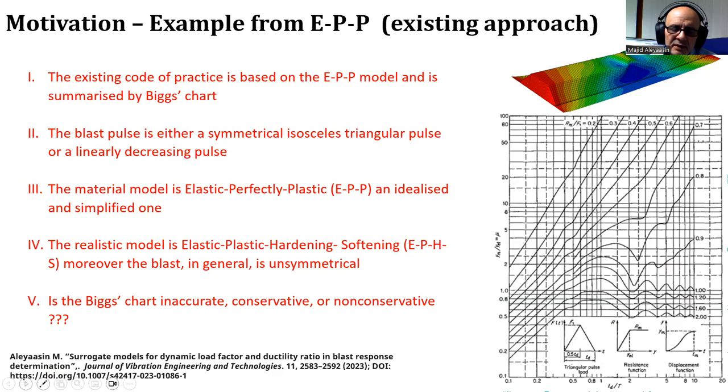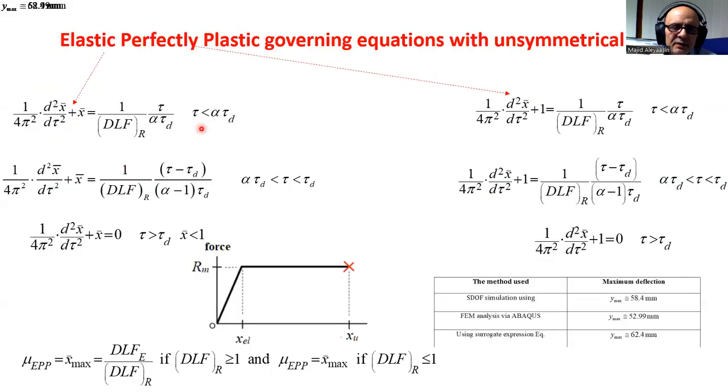Now, if I summarize how this chart is produced, we see for the elastic perfectly plastic model, for this part, we have three equations: equations for the rising time, equations for the falling time, and the equation with no blast.